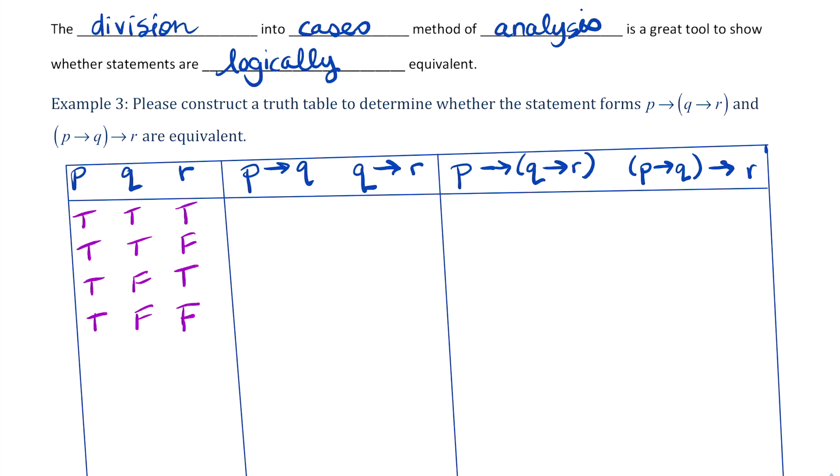And then we have false, true, true, false, true, false, false, false, true, and false, false, false. Groovy?